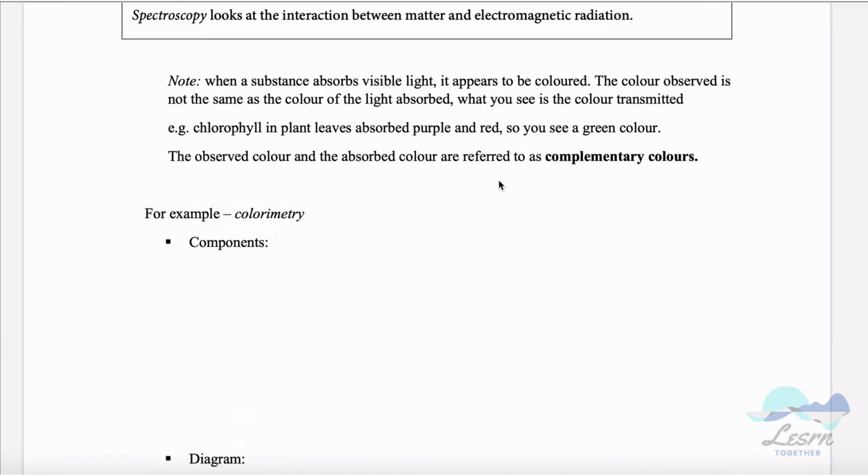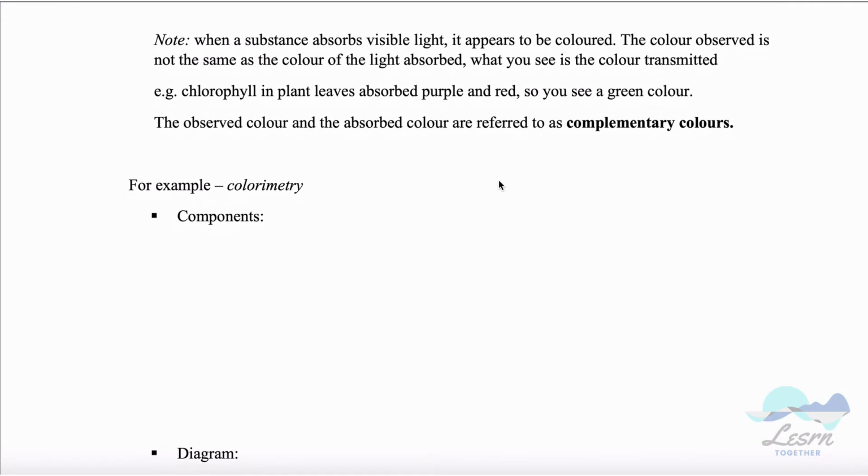Before we jump into that, there is something that we need to understand first. When we see color in real life, we have to understand where this color is coming from. Essentially, the color that you see is actually not because that object is emitting that color, but because it's absorbing all the other colors, and the only color it doesn't absorb is the color that you see.